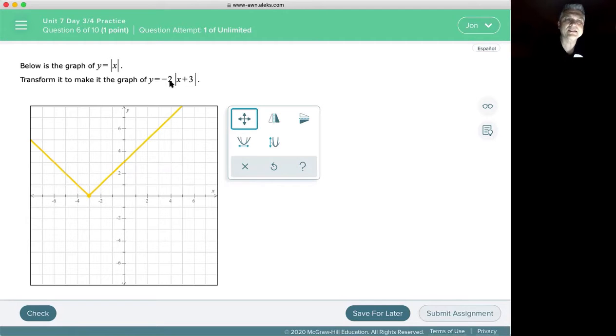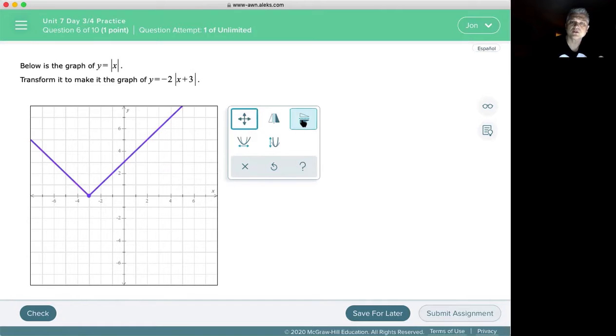So what does the negative do? Let's take care of the negative first, right? The negative is outside of the absolute value, so it changes the sign of y, which reflects it over the x.